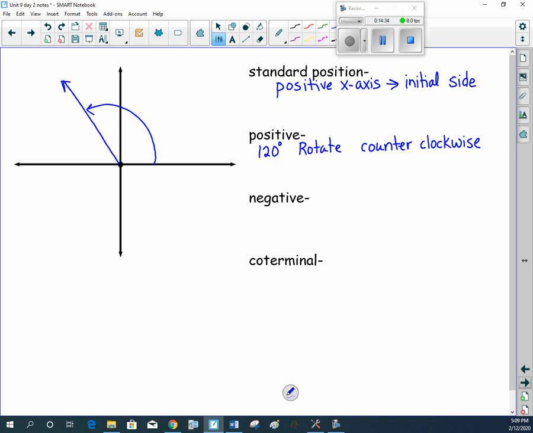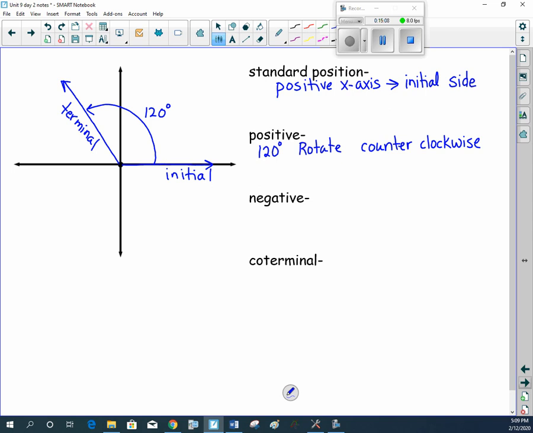Okay, I started here on the positive x-axis. That's called my initial side. I ended 120 degrees, and this is going to be called the terminal side. So here's my terminal side. So in between is the angle I rotated, and since it was positive, I rotated counterclockwise, and that's 120 degrees.